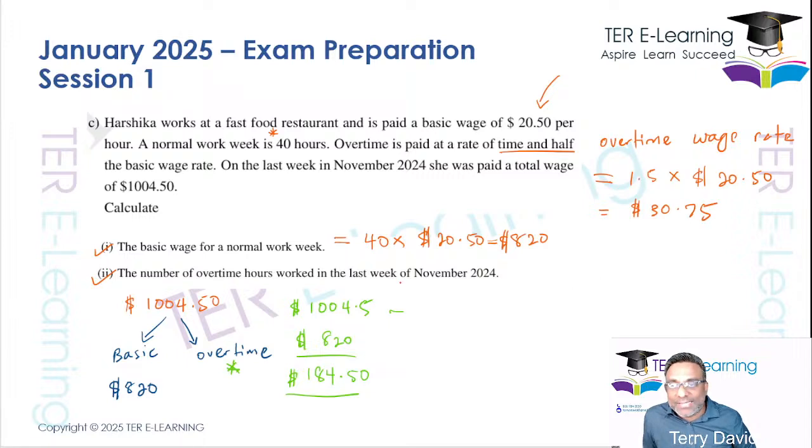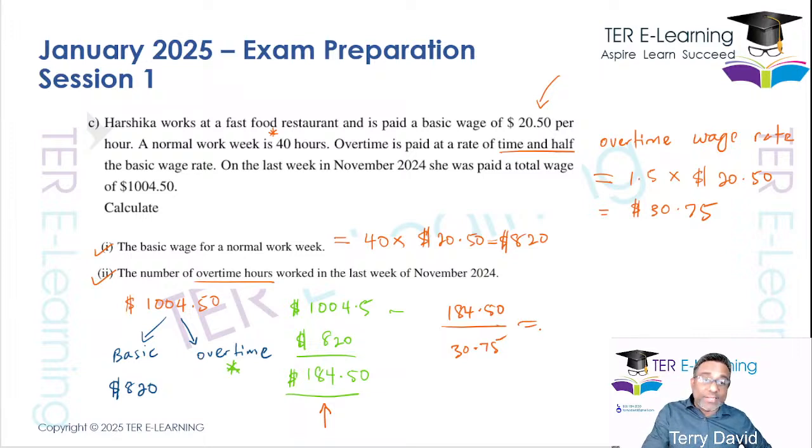We haven't answered the question as yet, because the question asks for the number of overtime hours. All we need to do is take the overtime amount, $184.50, and divide that by the overtime wage rate, $30.75. This answer is going to give me how many hours she worked.